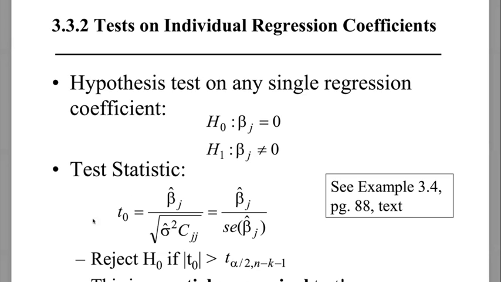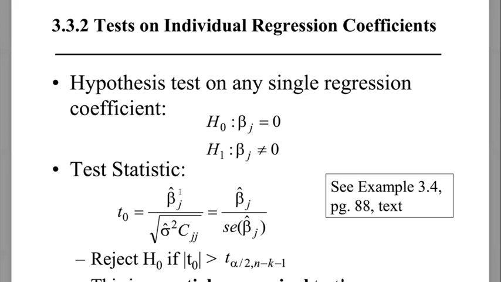We have the basic form of a t-test, the numerator being the difference between the estimator of the parameter that we're testing hypotheses about and the hypothesized value. In this case, the hypothesized value of beta j is 0.